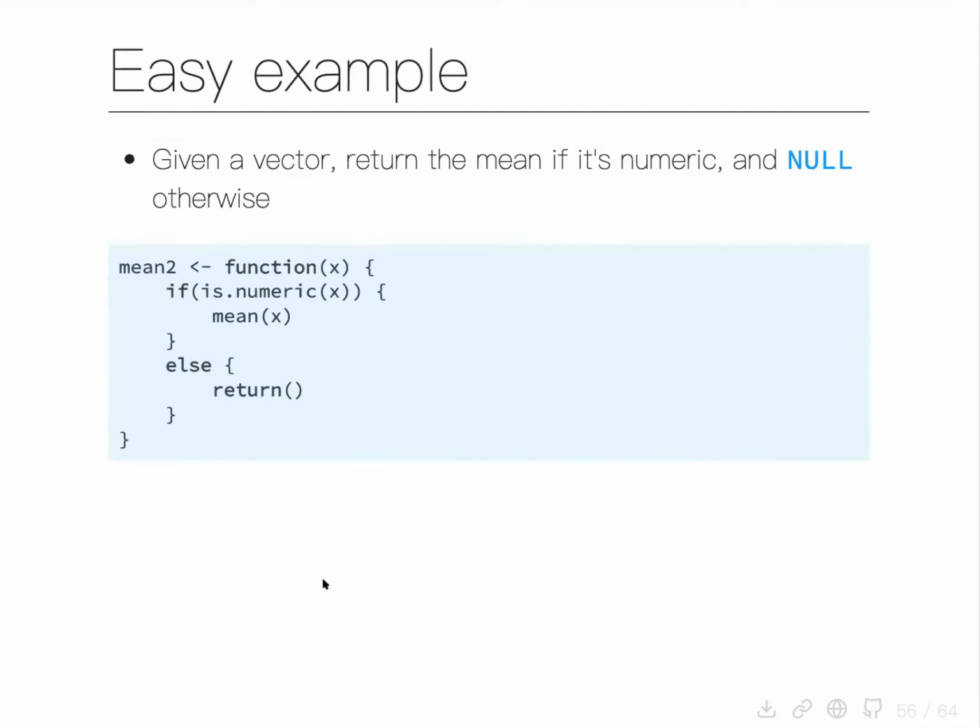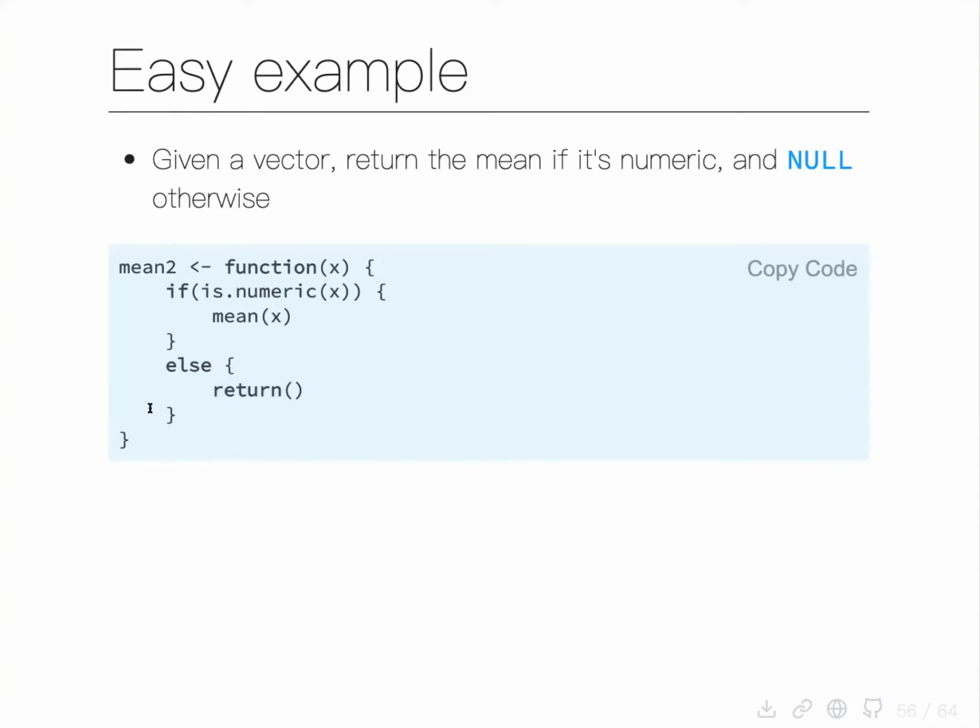Okay, so here's an easy example where I'm saying, given a vector, return the mean if that vector is numeric and NULL otherwise. So in this case, I do have an explicit return. And again, I'm going to talk about this more later, but that's because I'm returning within this else. By default, it's going to do the last thing that is evaluated, which is down here, which is nothing.